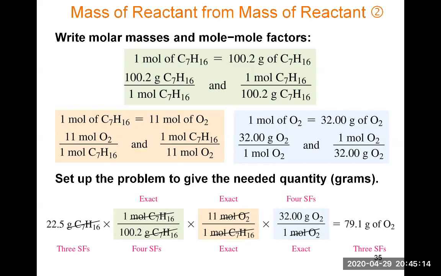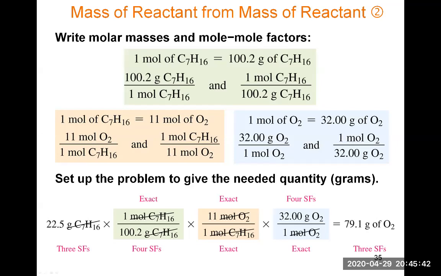Remember how it is in the numerator. You multiply by the molar mass of heptane such that the grams are on the bottom and the mole is on top, because you want to cancel grams of heptane. So that's why you place 100.2 grams of heptane on the bottom. You see that the grams of heptane cancel.